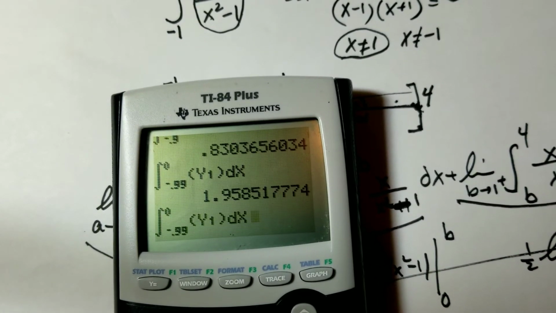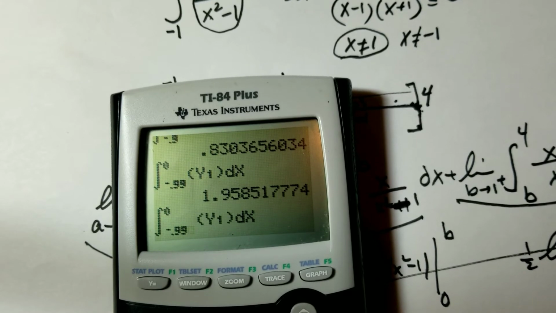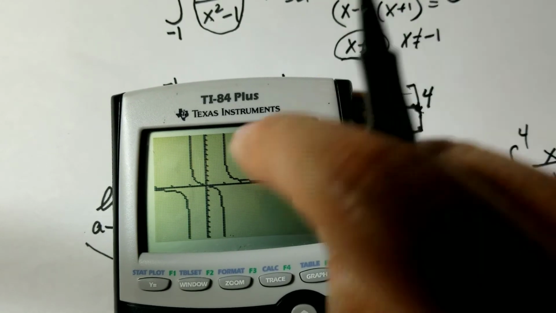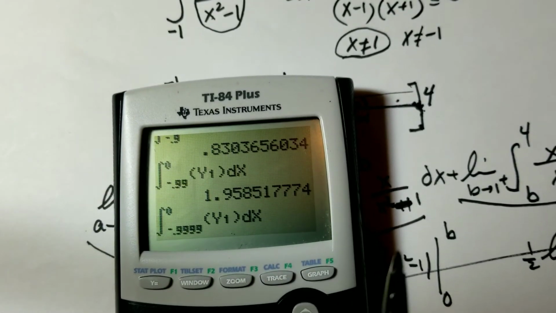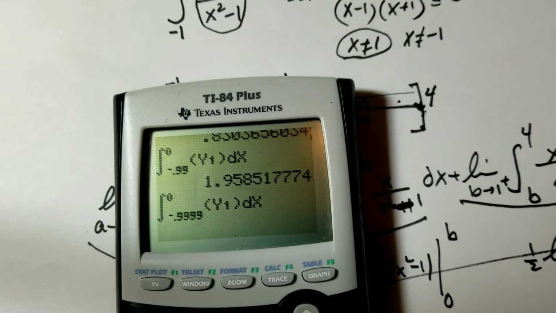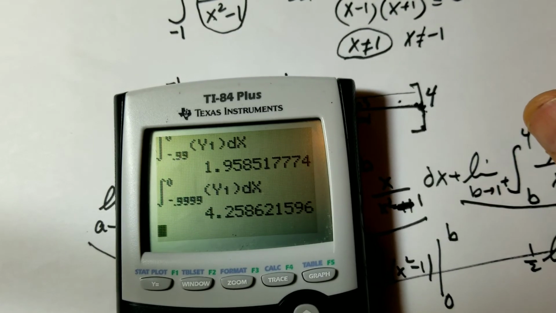Okay, I'm going to go back right here and put 2 more 9s. Look at what happened. Let me see what happened. It was 1.95. Do you see how long it takes for the calculator to compute?